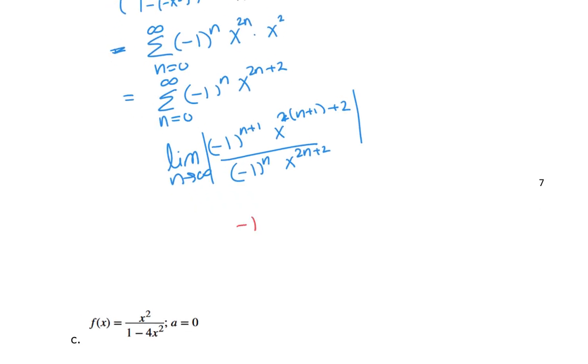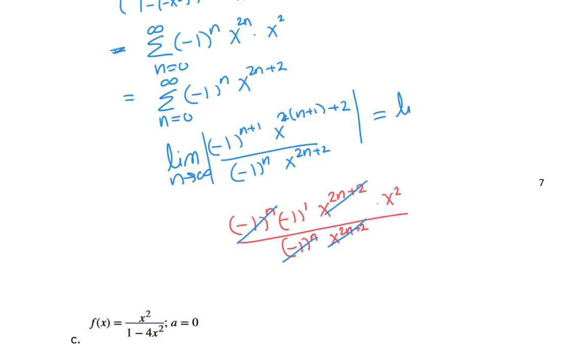The algebra that's going on is negative 1 to the n, negative 1 to the 1, x to the 2n plus 2 times x squared over negative 1 to the n, x to the 2n plus 2. Those cancel, and I'm going to get the limit as n goes to infinity of the absolute value of negative 1 to the 1, x squared.